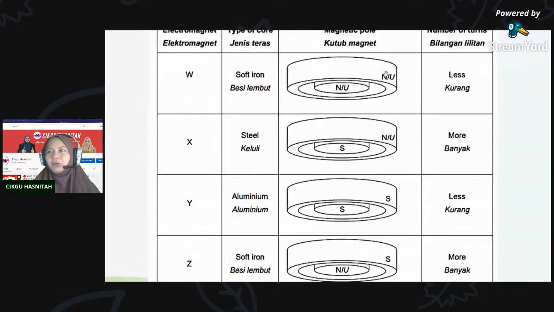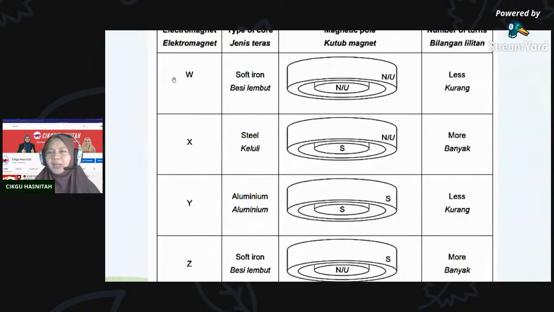W is both north, so the same polarity. For X, the middle is south and outside is north, so opposite polarity. For Y, it has the same polarity, both inside and outside. While for Z, it has opposite polarity: the center is north and outside is south.